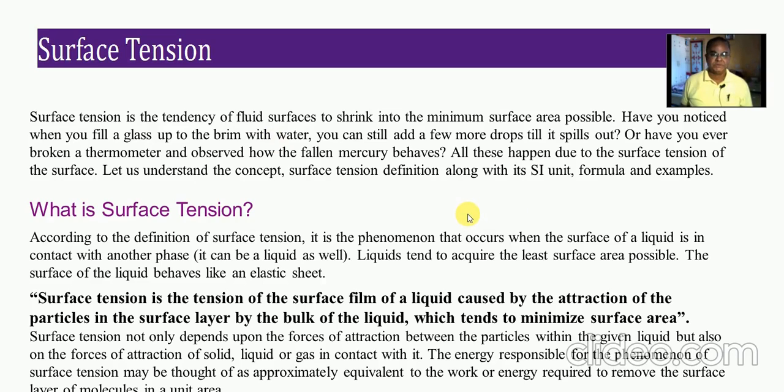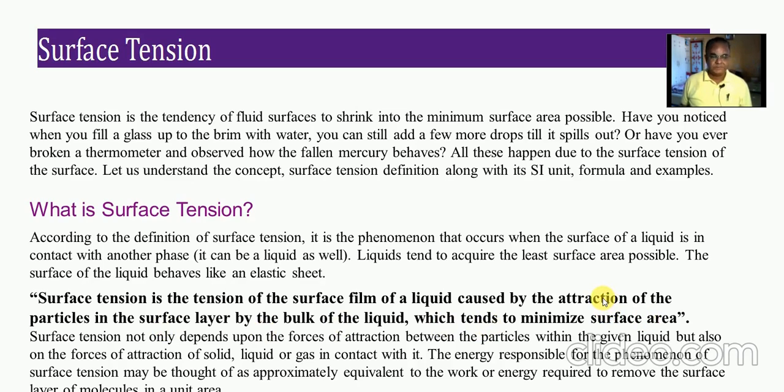That means surfaces have a tendency to shrink into the minimum surface area. Again, surface tension is the tension of the surface film of a liquid caused by the attraction of the particles in the surface layer by the bulk of the liquid, which tends to minimize surface area.